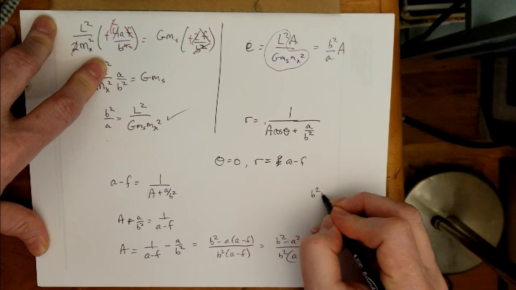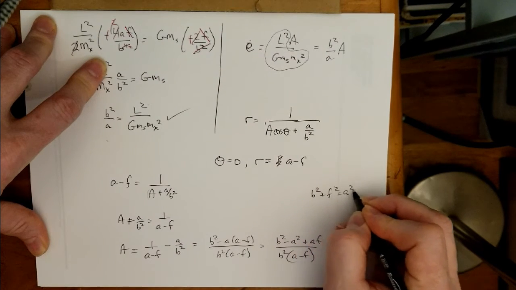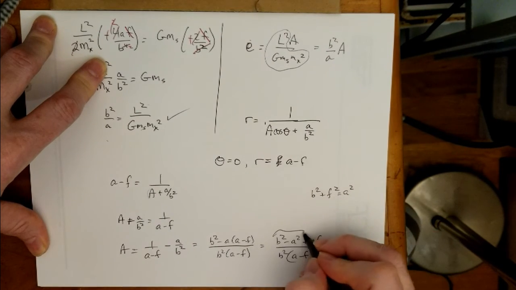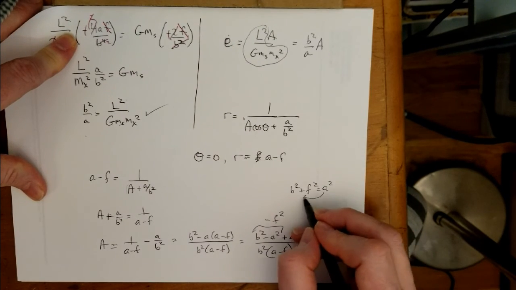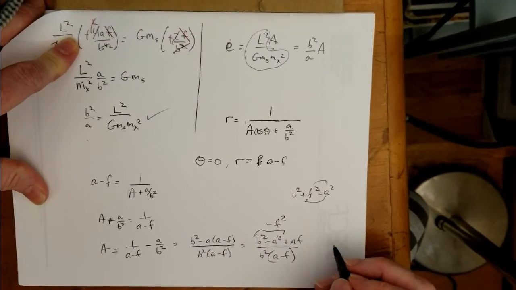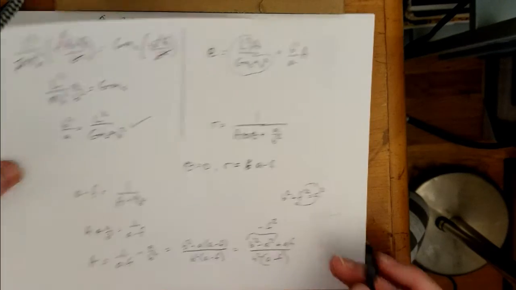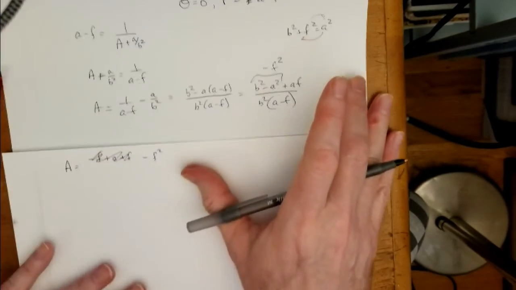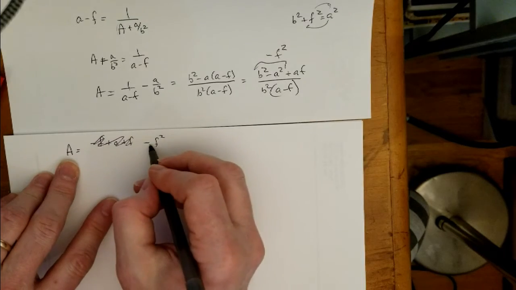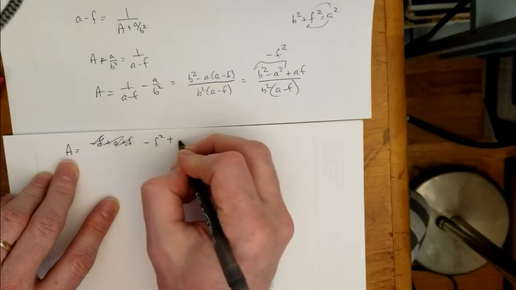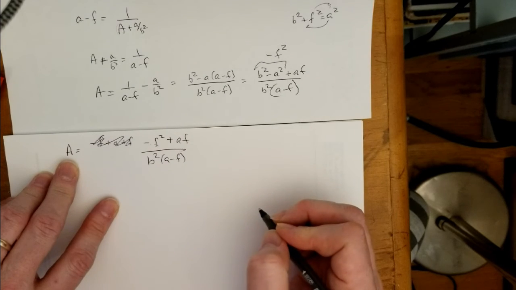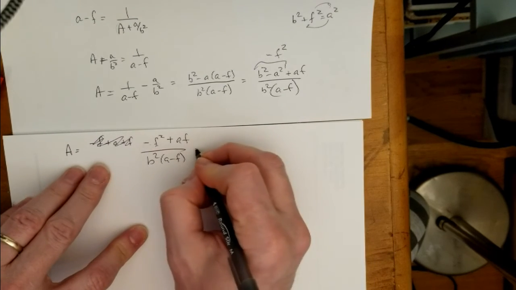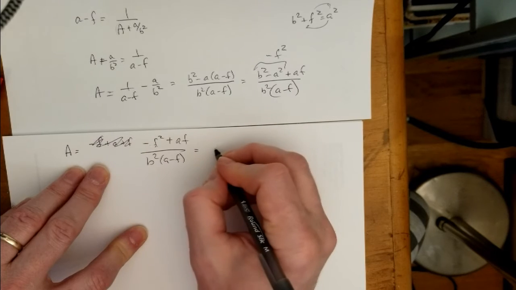Again, I know that b squared plus f squared equals a squared. So this would be b squared minus a squared is negative f squared. Flip those around or switch them sides. And so capital A is negative f squared plus af over b squared times (a minus f), which is, well, we can factor an f out of that.